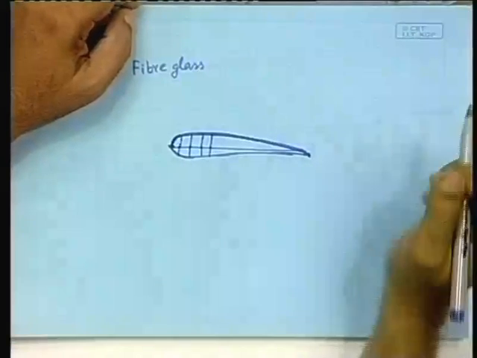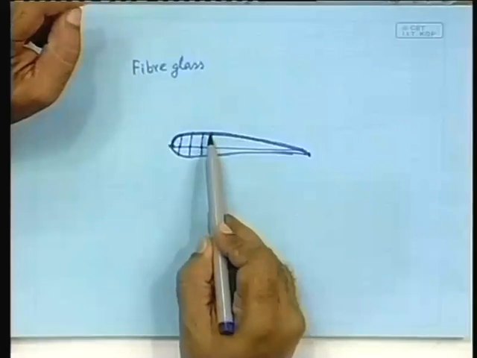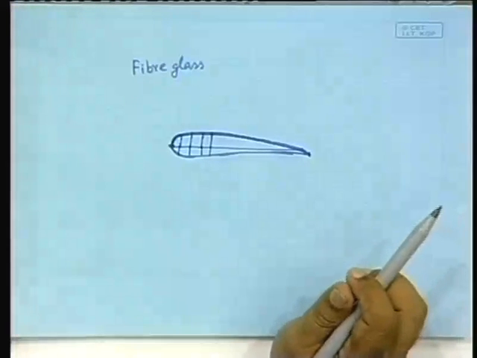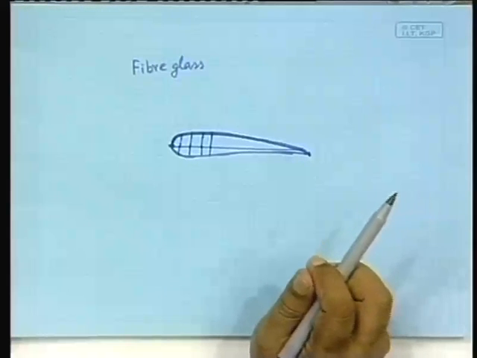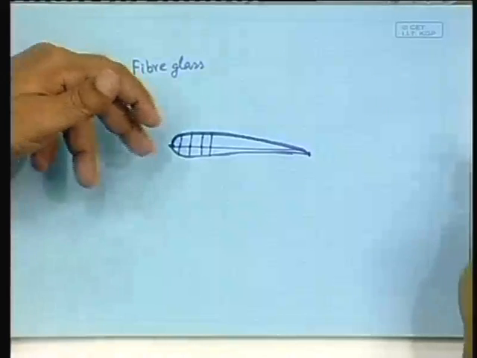In the data sheets that you will find on the net, you will find these coordinates given, from which you can also construct this kind of blades. Again, as I told you, in the data sheets you will find the CL, CD etc. calculated or measured for different values of Reynolds numbers, and out of that you have to choose the one that has the least Reynolds number, because that is what is more pertinent to wind turbines. Clear?